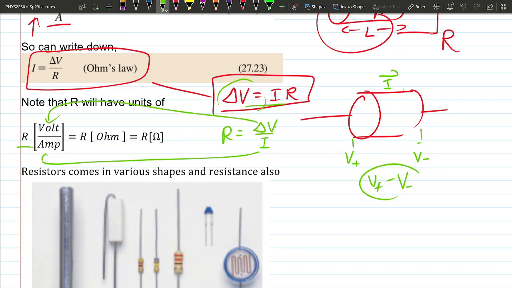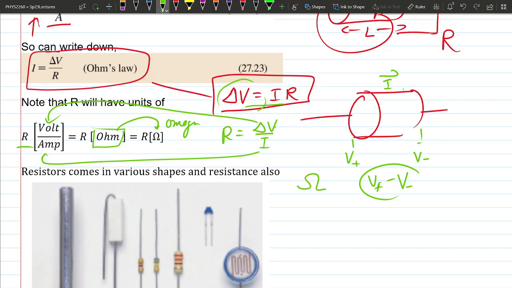I will have units of ampere, okay? And we're just going to define that a volt per amp is what's known as an ohm, after some guy named Ohm. And we're going to use the Greek letter capital omega to indicate that. Just this weird symbol like this, okay?